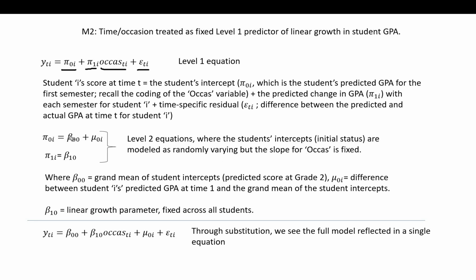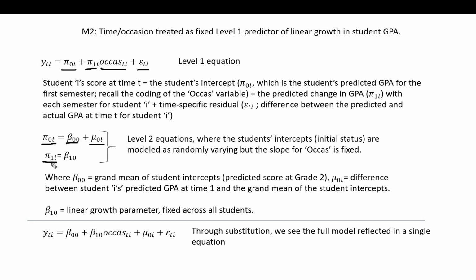The level 2 equations, now we have two of them. We have pi 0i, so again that's each student i's initial status on GPA is equal to the grand mean of all the students' initial statuses plus the difference between student i's initial status on GPA and the grand mean of those initial statuses.